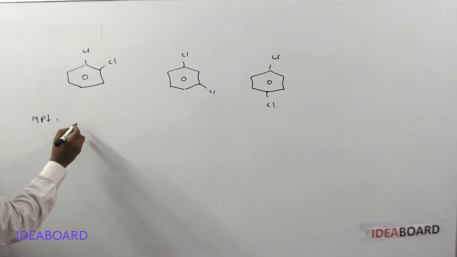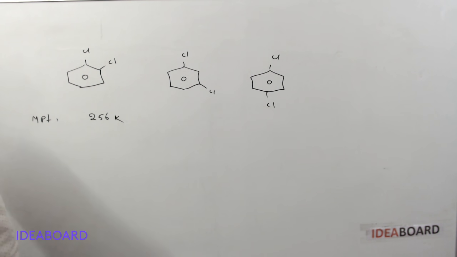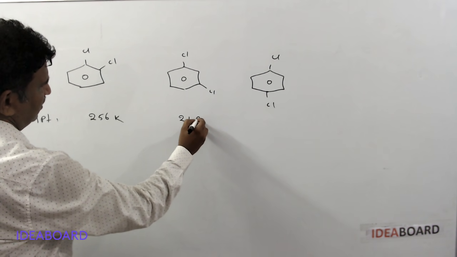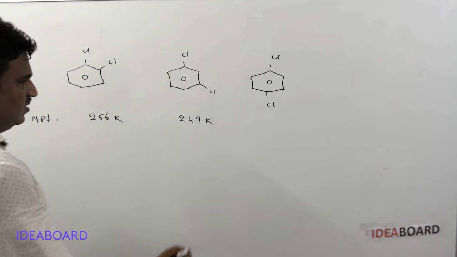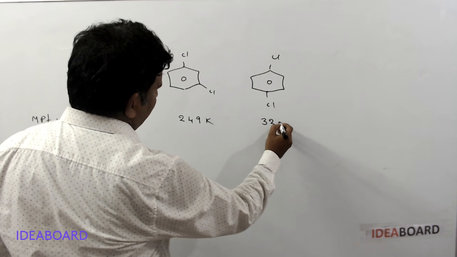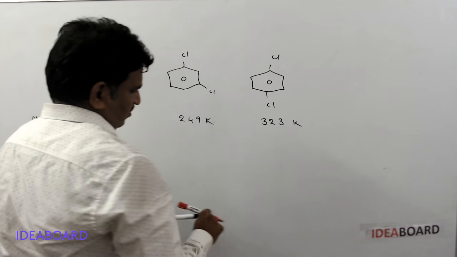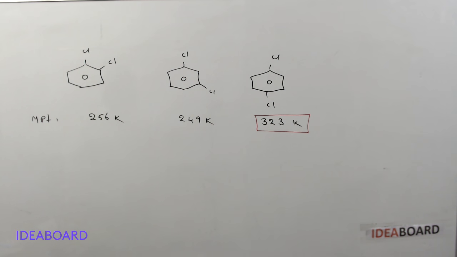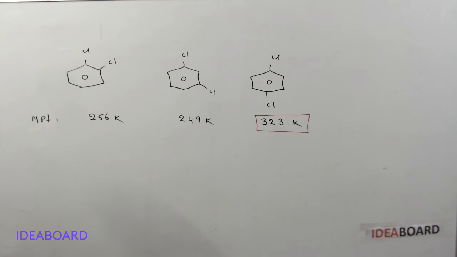The melting point of ortho is 256 Kelvin, meta is 249 Kelvin, and para is 323 Kelvin. Please remember, it looks abnormal. Why do they have this type of melting points? Can you guess?